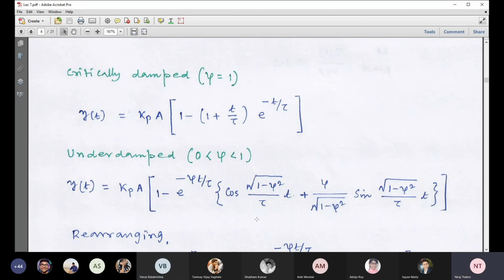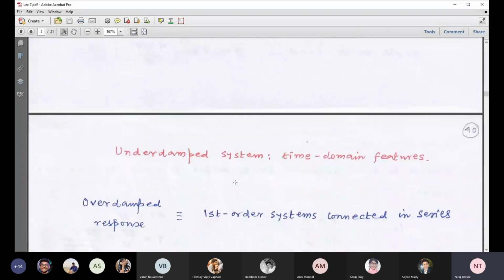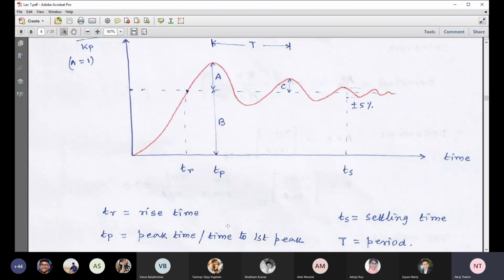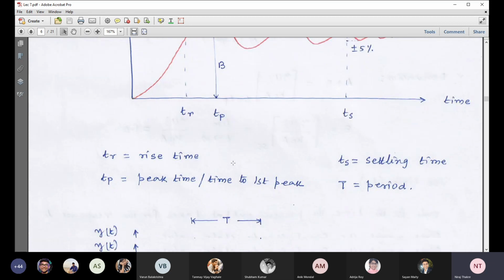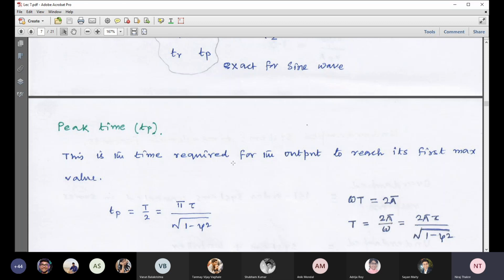Correct. Now, the expressions or values your friends told are the approximate values, but they are not the exact values. If we want to find the exact values for TR, TP, and many other terms, we need to consider the expression which we have determined before. Now, let us come to that expression.